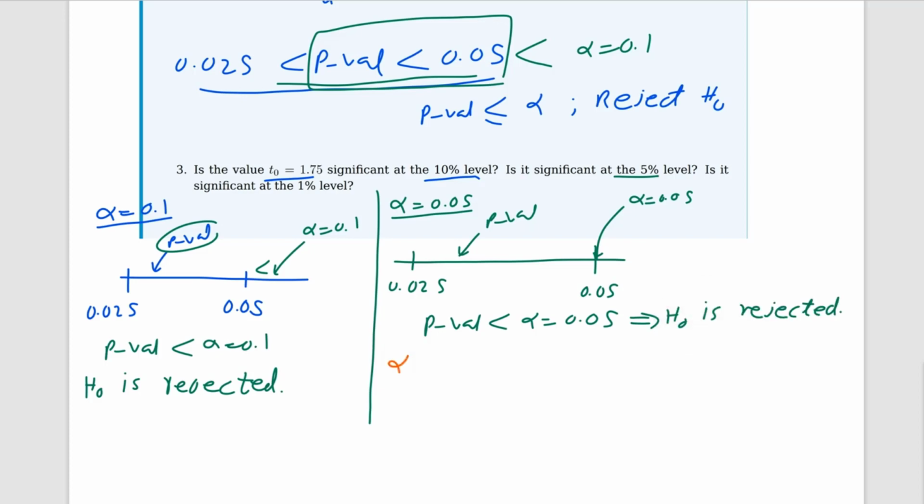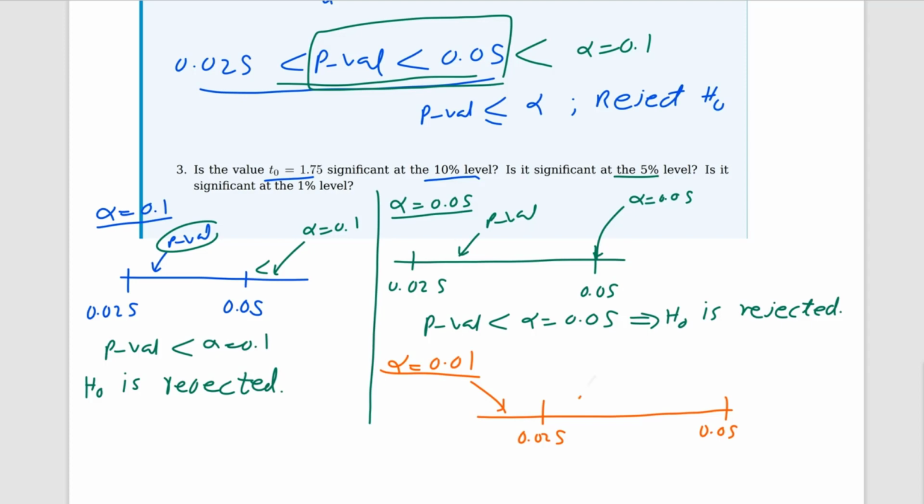Next one is alpha equals 1%, meaning 0.01. How do we check for this alpha? 0.025 is here, 0.05 is here. So alpha 0.01 is less than 0.025. Therefore alpha should be somewhere here, less than 0.025, right?